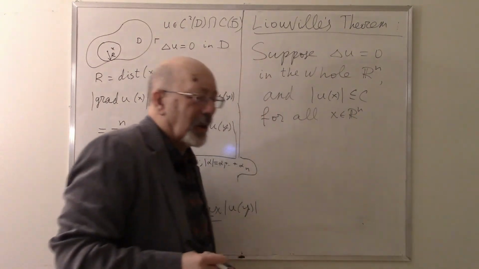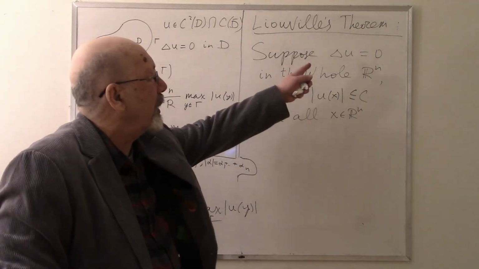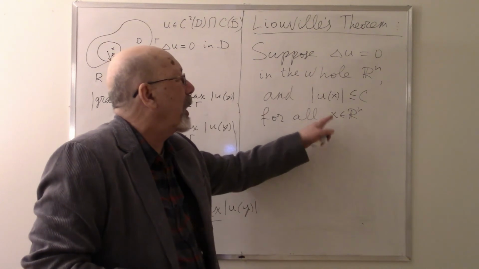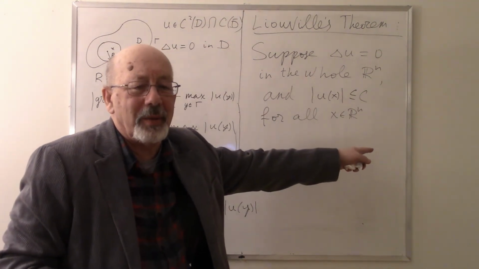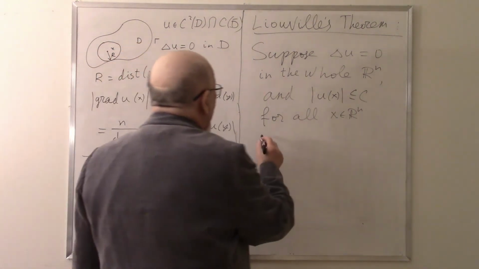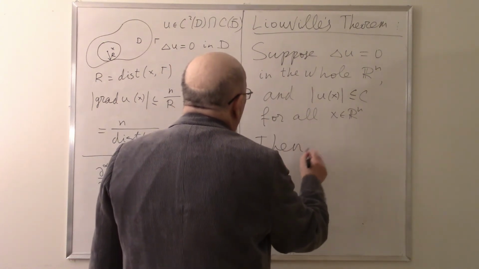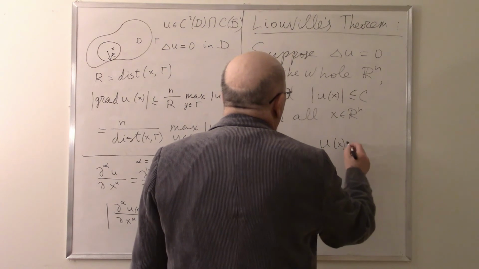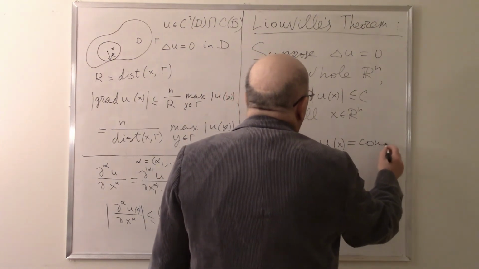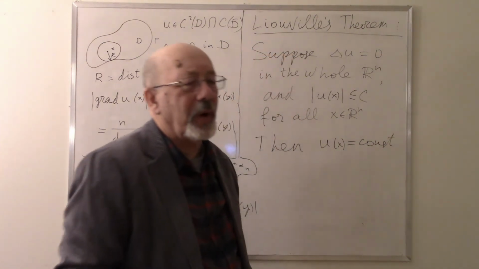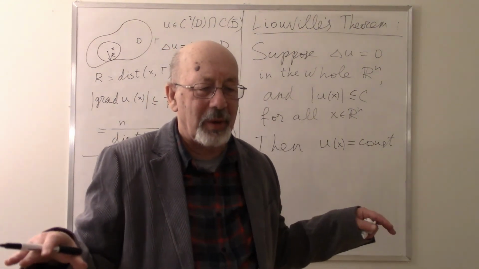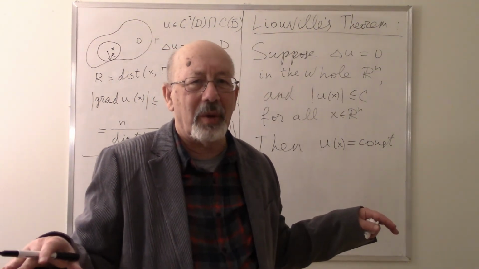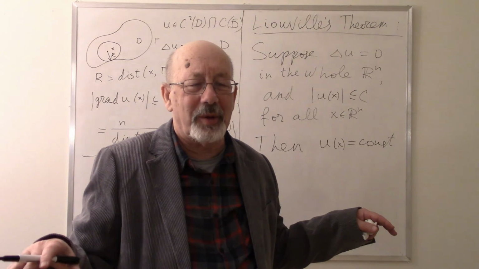So the function u is harmonic and bounded in the whole R^n. Then u(x) is constant. The only function which is bounded and harmonic in the whole R^n is constant.